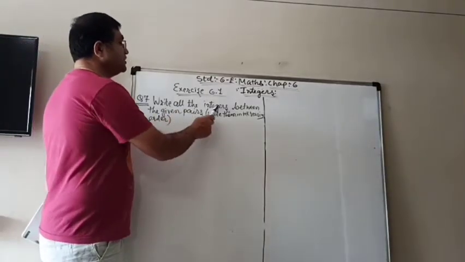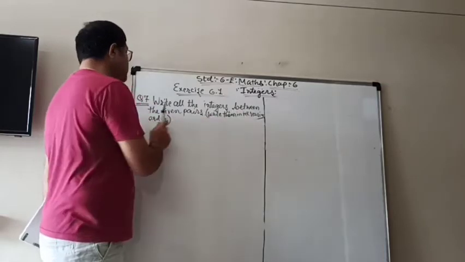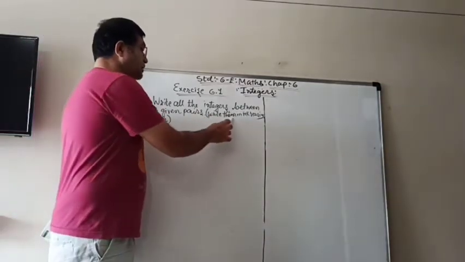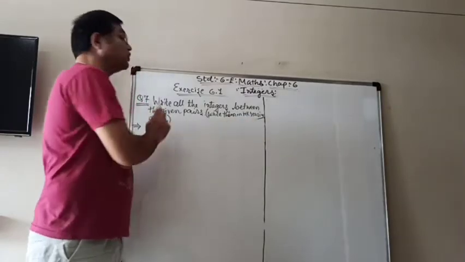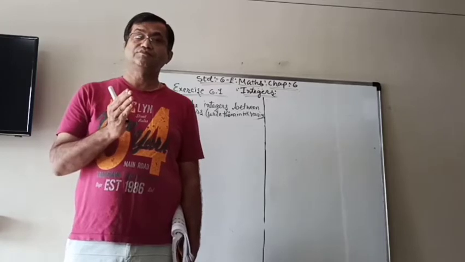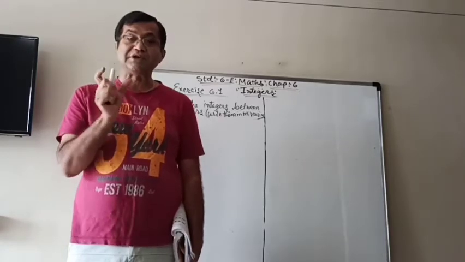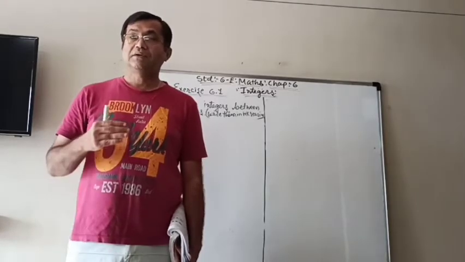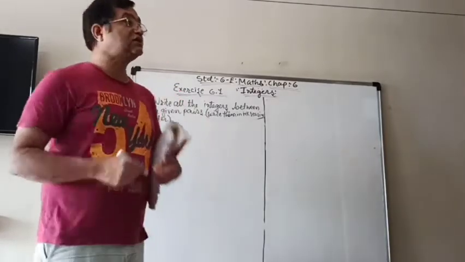Write all the integers between the given pairs and write them in increasing order. So we have to write down the numbers which are lying between them, means the pair is given, and that should be in the increasing order.